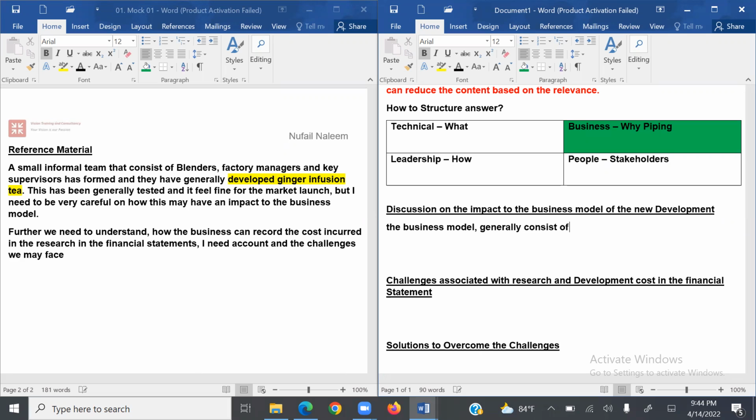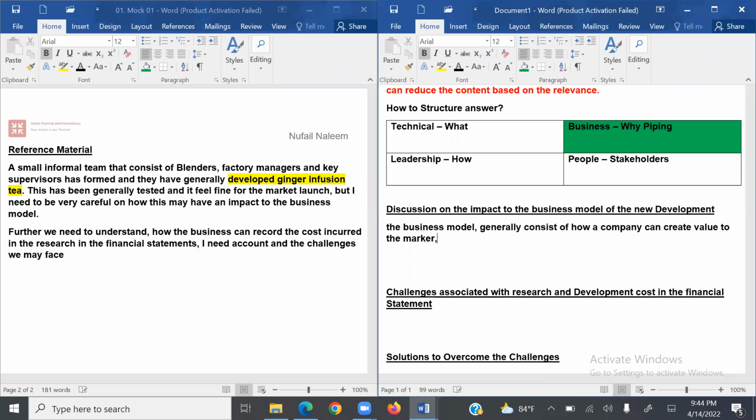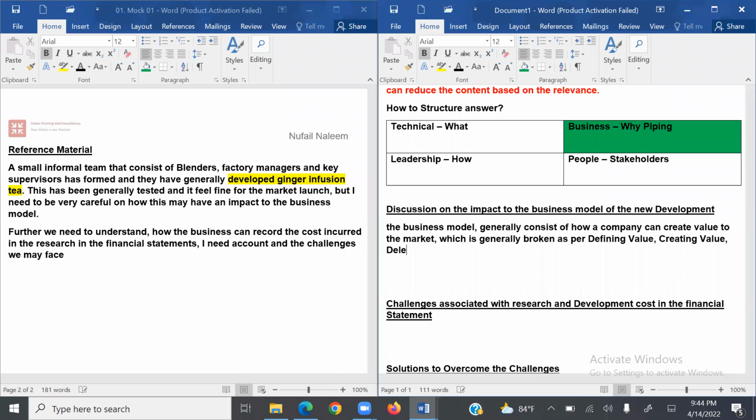consists of how a company can create value to the market, which is generally broken down as defining value, creating value, delivering value, and capturing residual value.